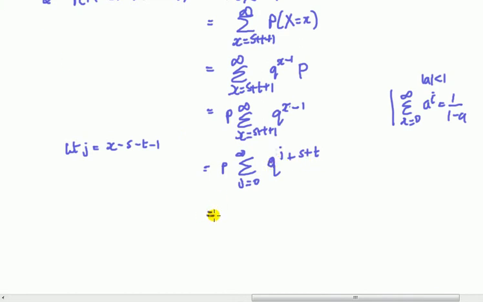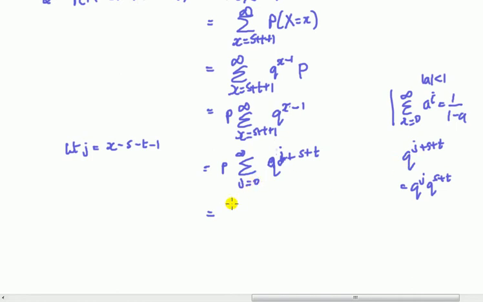And what can we do now? We obviously cannot get a numerical answer because we don't know what p and q are. So where do we stop? We can see that this is q to the power of j plus s plus t, which we can rewrite as, let's do it on the side, q to the j times q to the s times q to the t, or s plus t, using the rules of exponents.